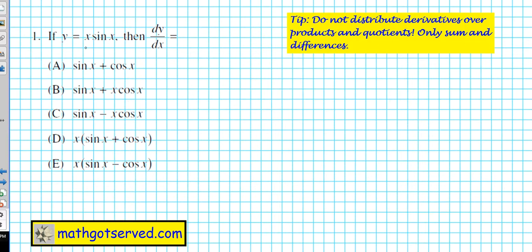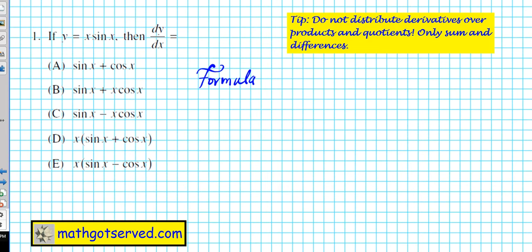If you have a product or a quotient of functions, you use the product or quotient rule. But you can distribute the derivative across sums and differences. So let's take a look at the formulas that will be guiding our problem solving process for today.